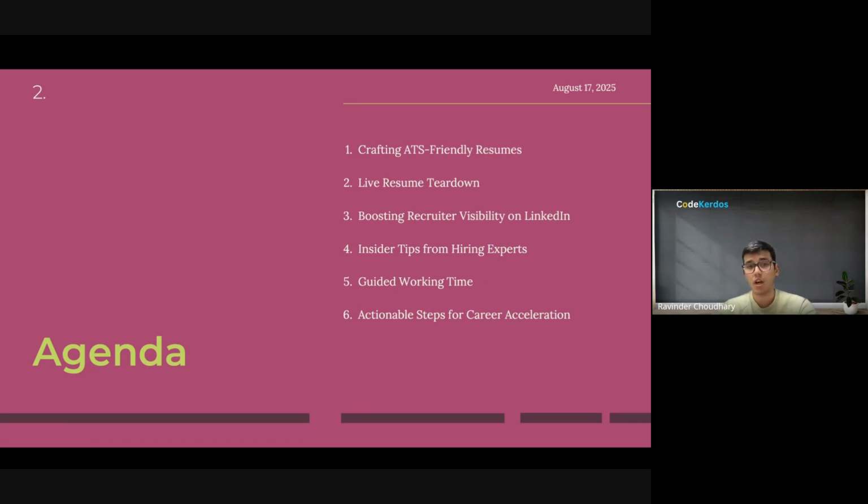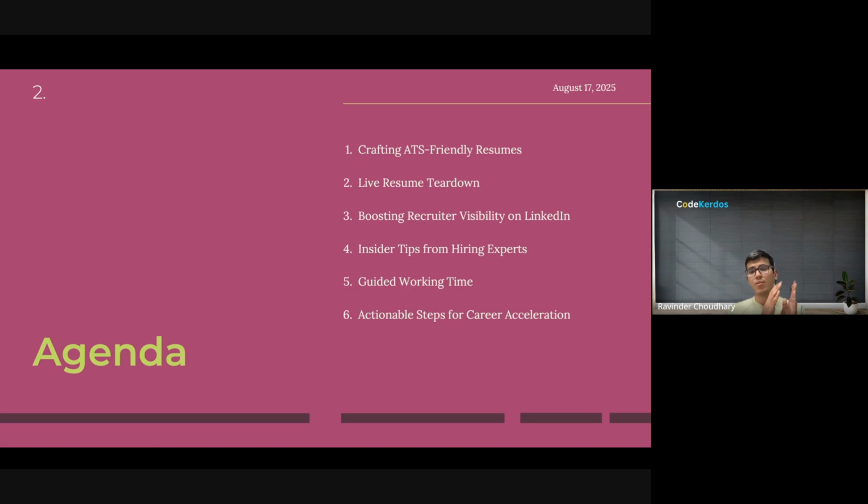Today, we are going to talk about these 6 key aspects, which are crafting the ATS-friendly resume, then live resume teardown, where I'll be showing you some sample resumes and giving some suggestions based on the resumes which were submitted before the session. Third one will be boosting the recruiter visibility through LinkedIn, how you can leverage LinkedIn for that.